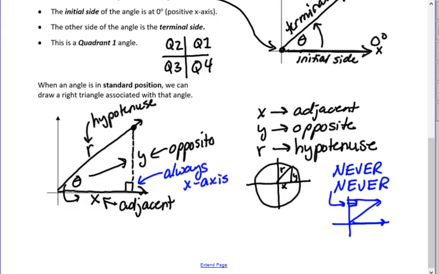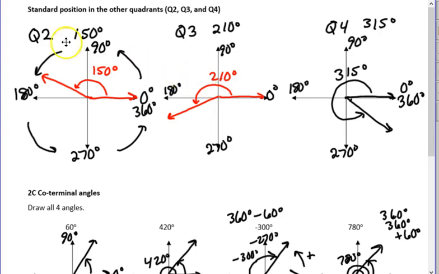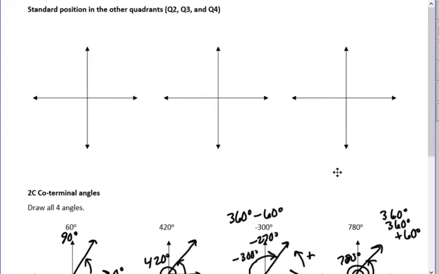Now let's think about what happens when we go to other quadrants. Okay, so let's say we are in quadrant 2. That means we are looking at an angle that is between 90 degrees and 180 degrees. So, for example, let's look at an angle of 150 degrees. 150 degrees is going to be 90 plus another 60.